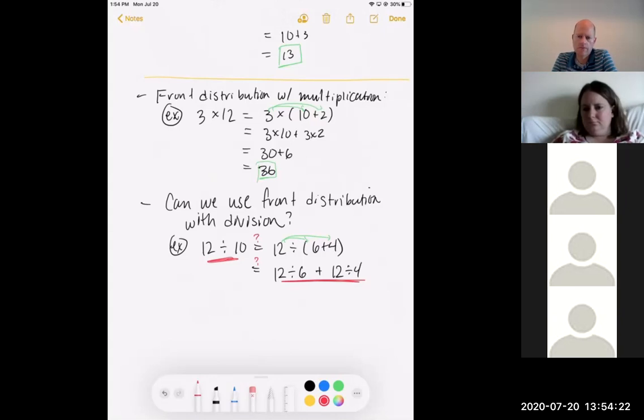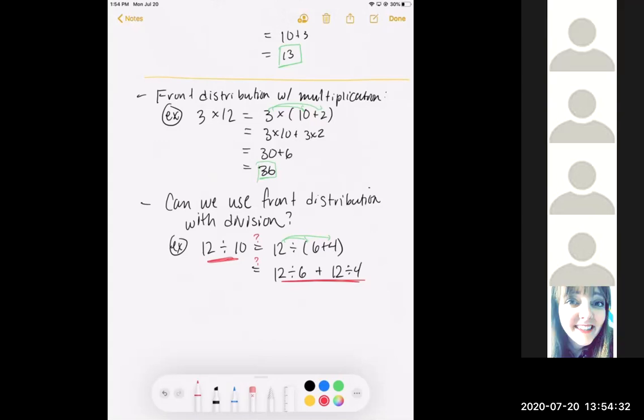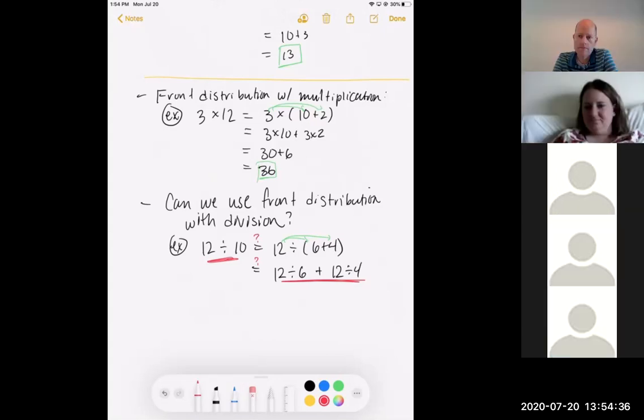Nicole's shaking her head. Anybody? No, because if you do it, it's 3 plus 2, and that equals 5, and 12 divided by 10 is definitely not 5.